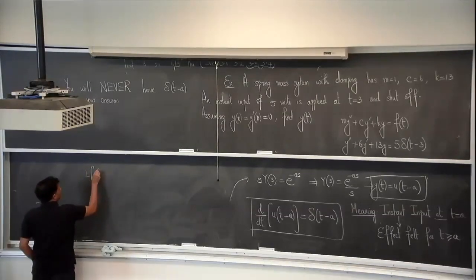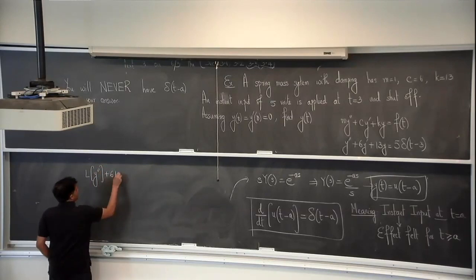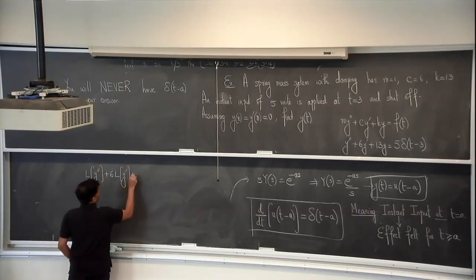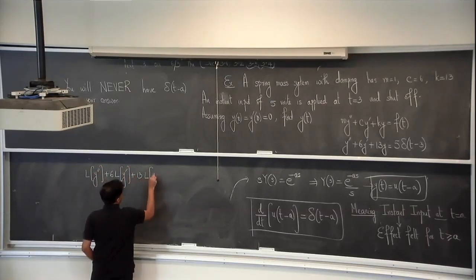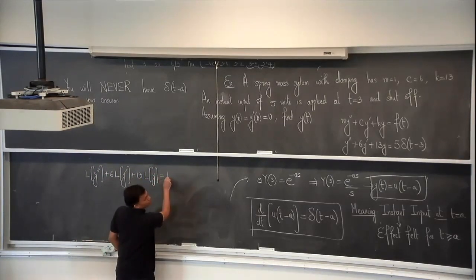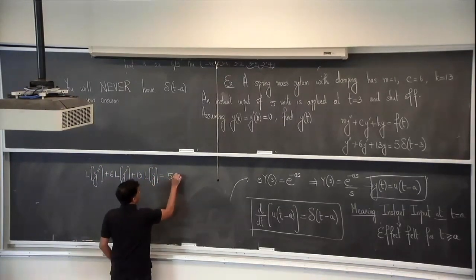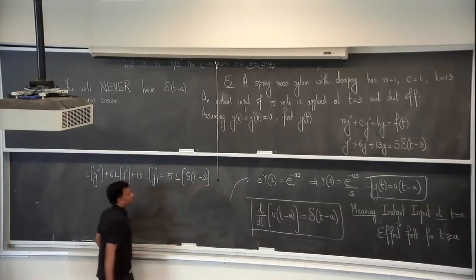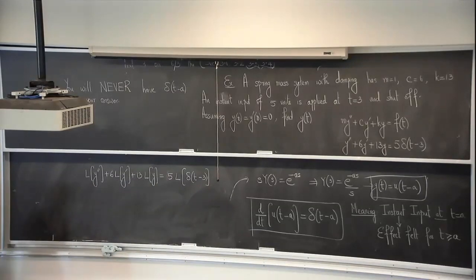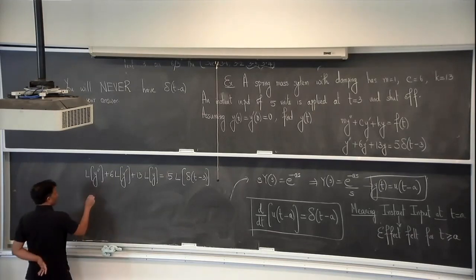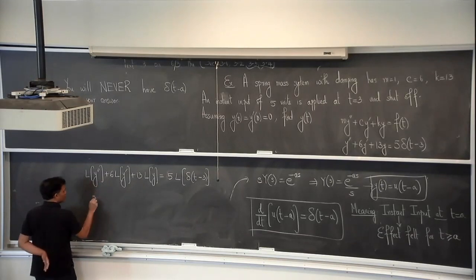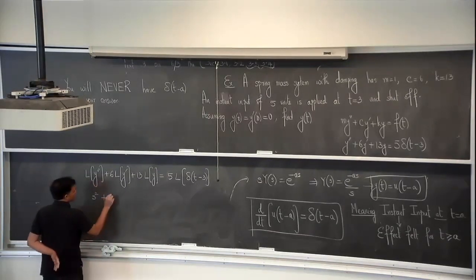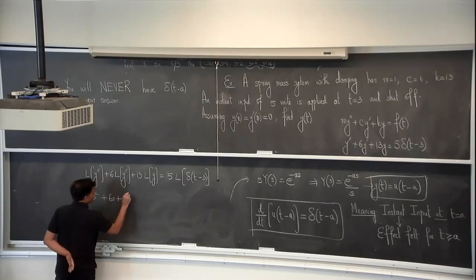So L of y double prime plus 6 times L of y prime plus 13 times L of y equal to 5 Laplace transform of delta of t minus 3. And since the initial values are both 0, this should be easy to plug in: s squared plus 6s plus 13 times Y of s.